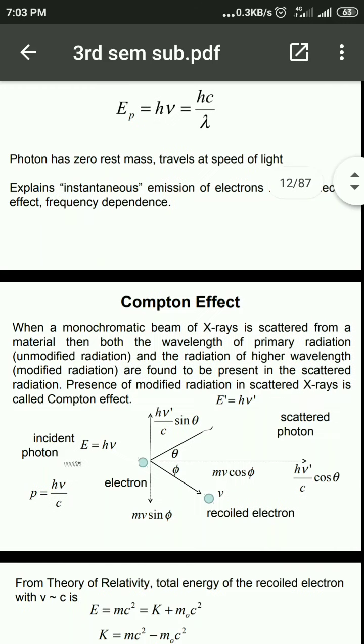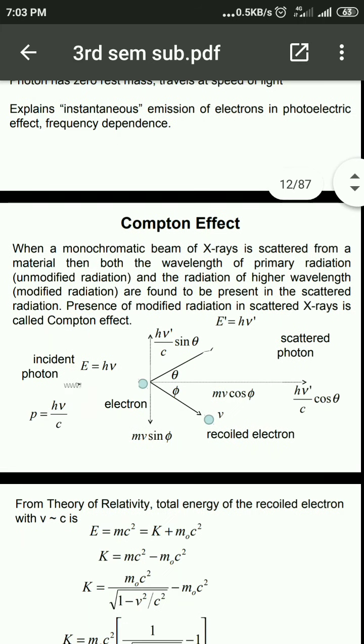Now next we are going to study the Compton effect. The Compton effect is also an experiment which is explained with quantum mechanics, and it could not be explained with classical mechanics. This is a similar experiment to the photoelectric effect, but here the light beam is a monochromatic beam of X-rays.